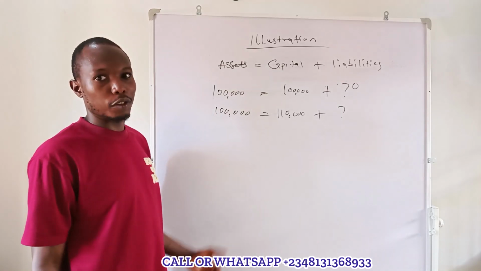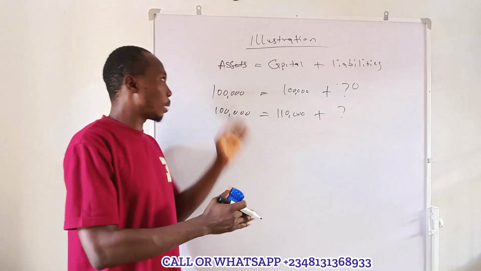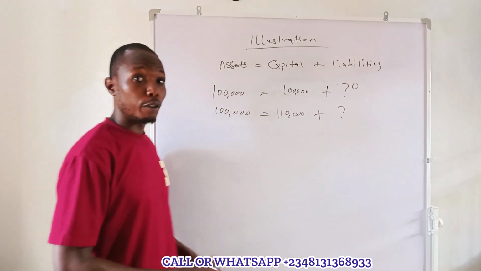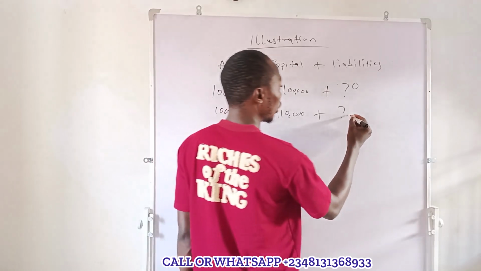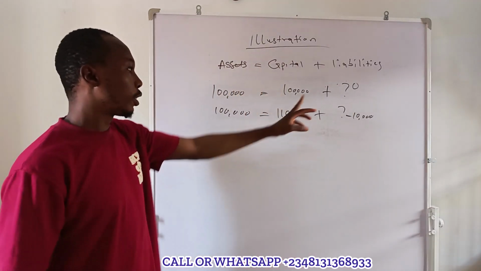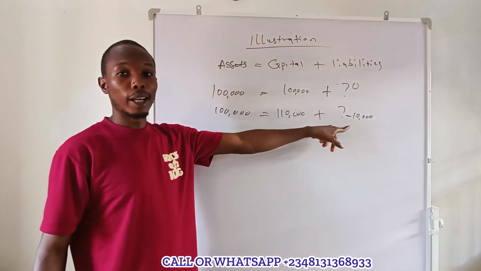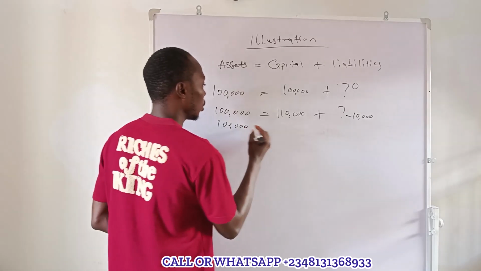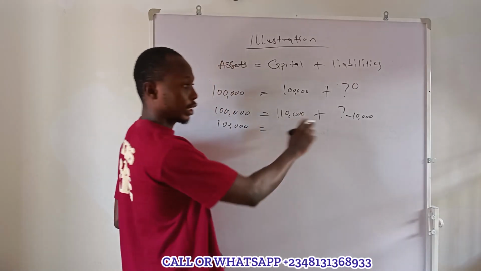So it's not a matter of let me add to give what my asset is, because capital plus liability is a matter of you now record it as minus, this is minus 10. So your liability has reduced by that 10,000. So that's when you can have 100,000 equal to 110 minus 10, 100,000.